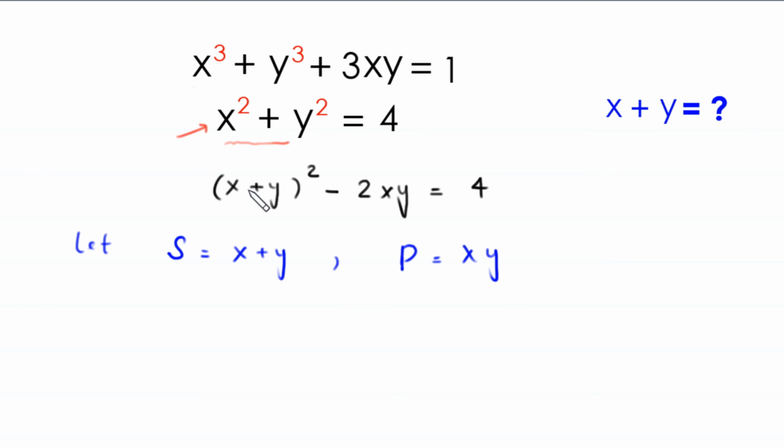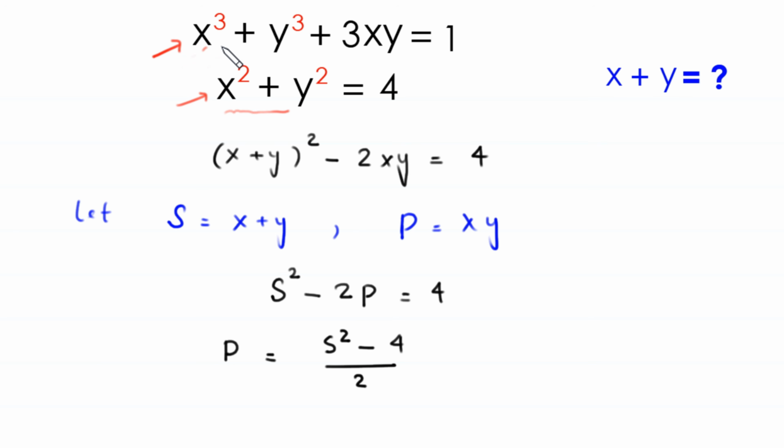So this equation will become s squared minus 2 times p equal to 4. And if we make p the subject of this equation, then p will be equal to s squared minus 4 divided by 2.